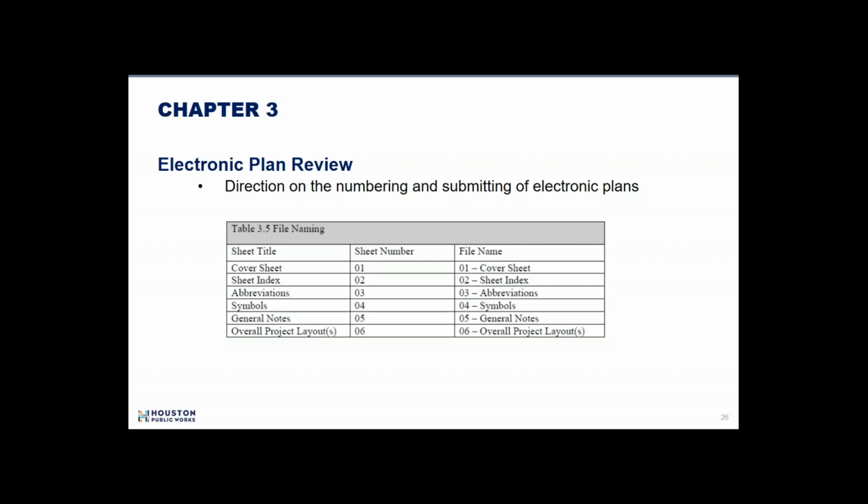On the private side, you guys are very familiar with this. And so we needed to give direction on the PDF numbering and how to number your sheets, so when they do come in for review, that review goes smoothly. So you'll find direction on submitting PDFs.